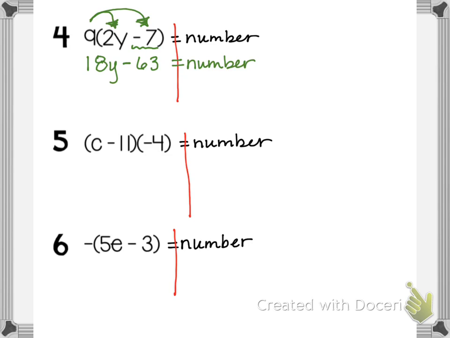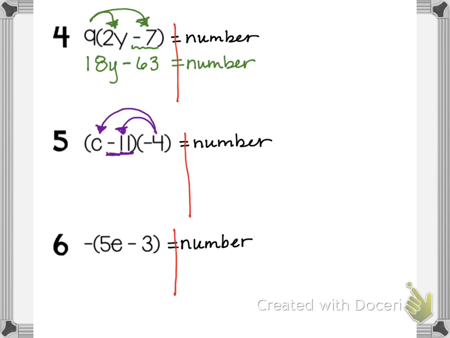Okay? So then we have this one. Once again, it doesn't matter that there's an extra set of parentheses or that the number is behind that expression. I can still distribute that negative 4 here, and I can distribute it here. Make sure you take that sign in front with you when you multiply.